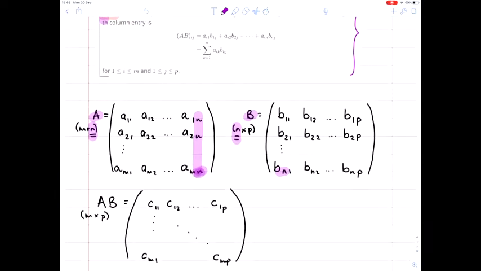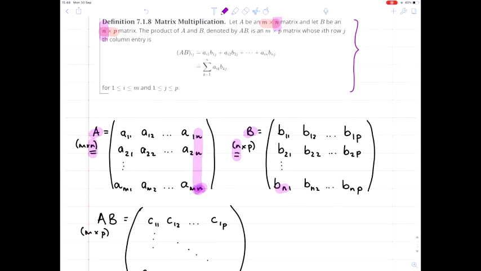So if we look over here, the ijth entry of our new product, our AB, is actually given by the dot product, which I'm going to write over here, the dot product of A, row i, dotted with the column vector B, column j.